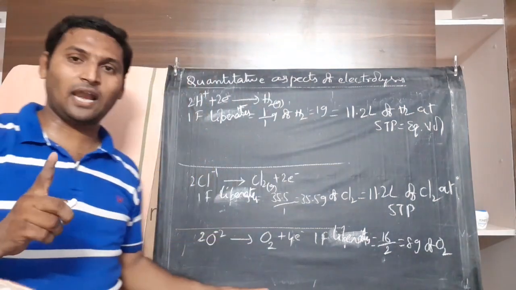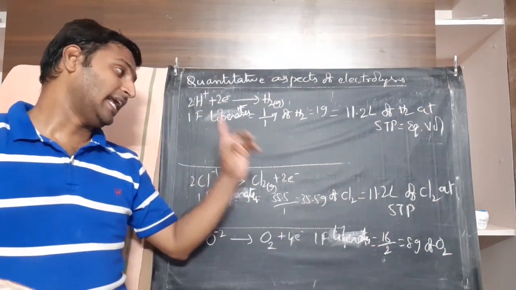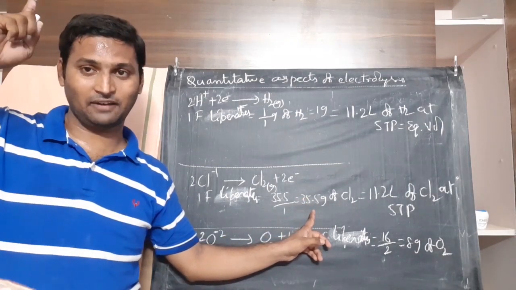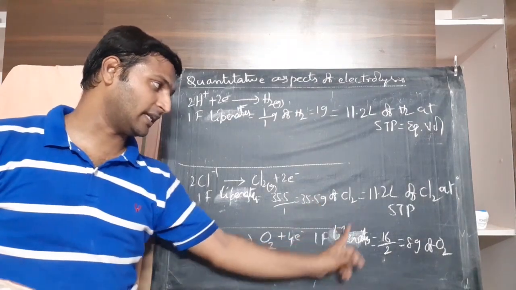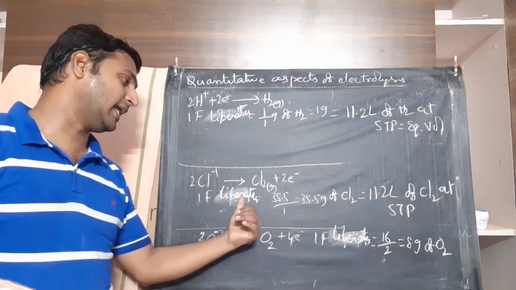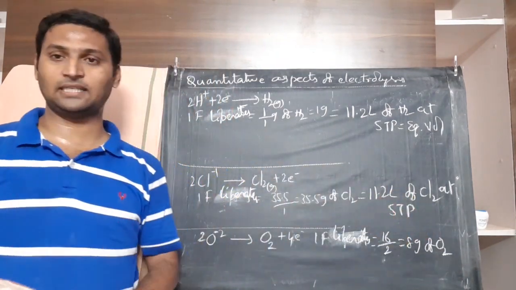So the equivalent volume of chlorine is 11.2 because its equivalent mass is 35.5 but its molecular mass is 71. 71 grams occupies 22.4 liters, so 35.5 grams occupies 11.2 liters. So indirectly, 1 Faraday liberates 11.2 liters of chlorine gas at STP during electrolysis.